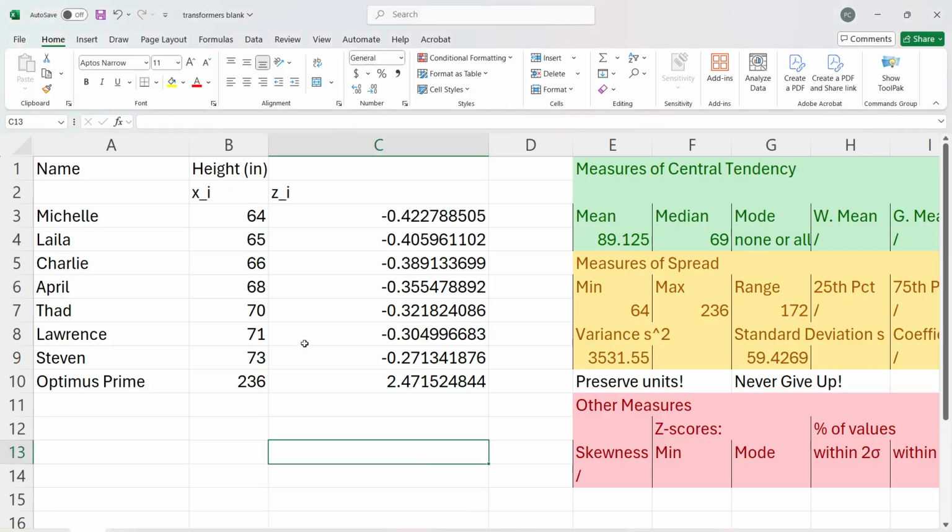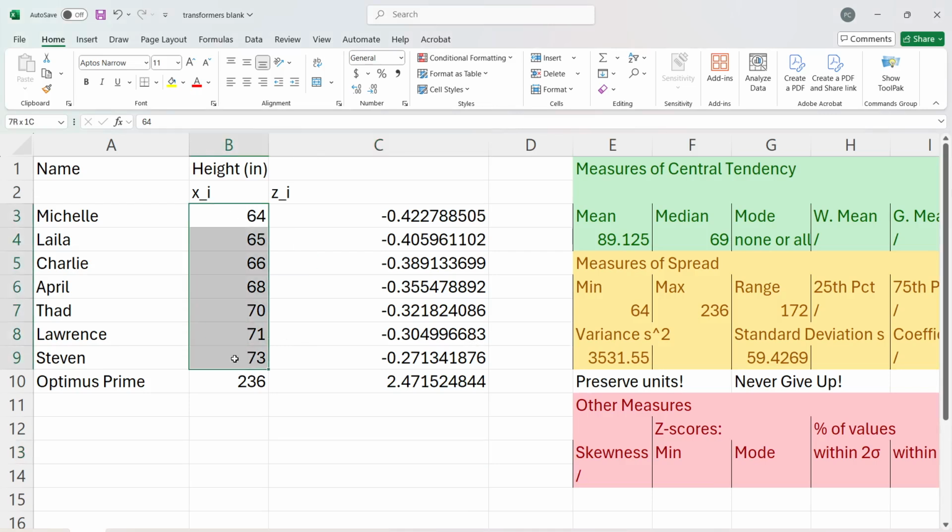Over here, you can ask the same question about the height of people, which, by the way, the real population height does, in some samples, look like a normal distribution, as do many other variables relating to people. But Optimus Prime is an oddball here, and he seems to be quite far out in the right tail. So z-scores, we could talk about the distribution of those.